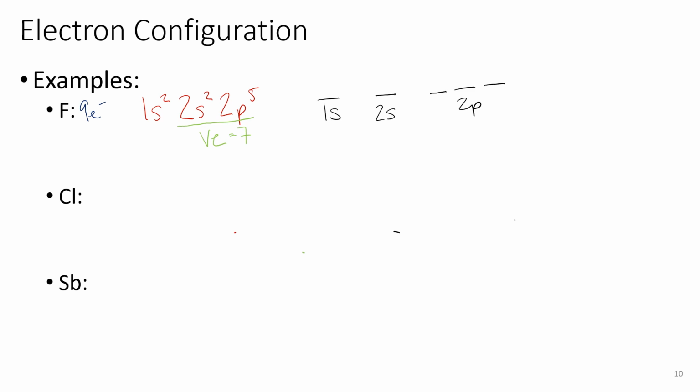So it actually defines a little bit more about the pairing of our electrons when we look at this type of diagram. So in my 1s orbital, I have 2 electrons, and they would have opposite spins. We denote those spins by an up arrow and a down arrow. In the 2s orbital, I also have 2 electrons, so I would show the up and the down arrow. In the 2p subshell, I have to fill in 5 electrons.